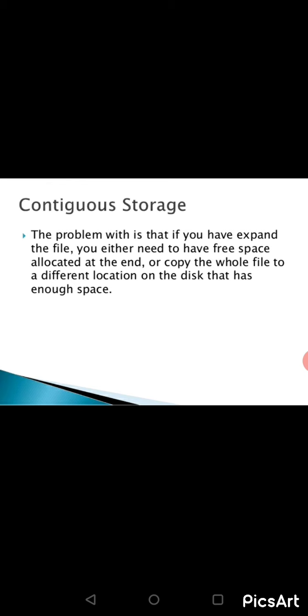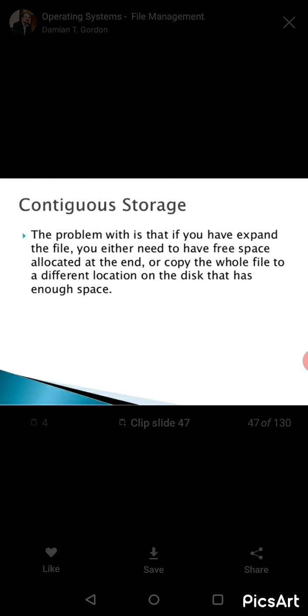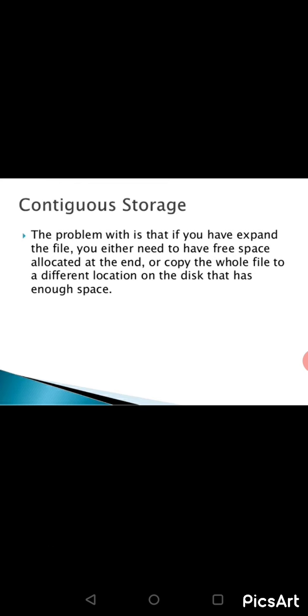So obviously if you add some content in future, then you have to have some space after the end of that file, yes or no. So this is a disadvantage. Means if you don't have free space after that, then you cannot store your file at that location. You have to copy that whole file and store it in a different location. So this is a problem.